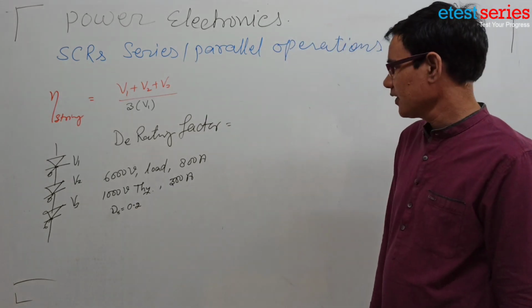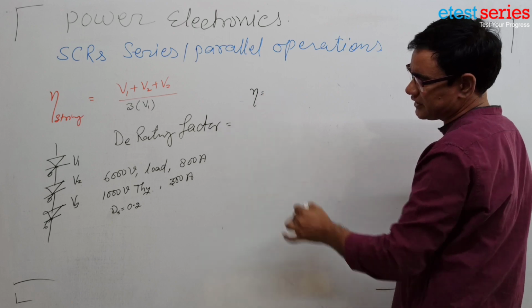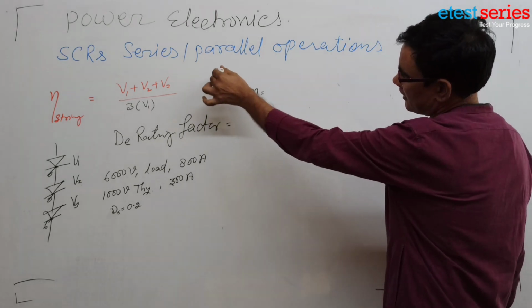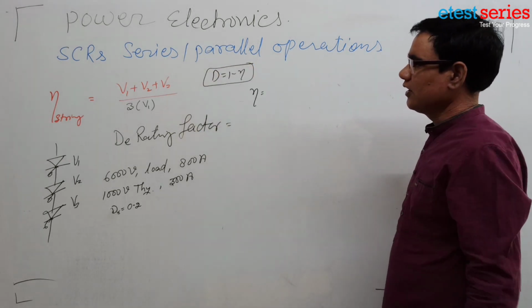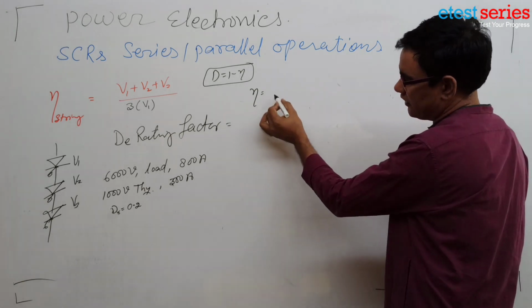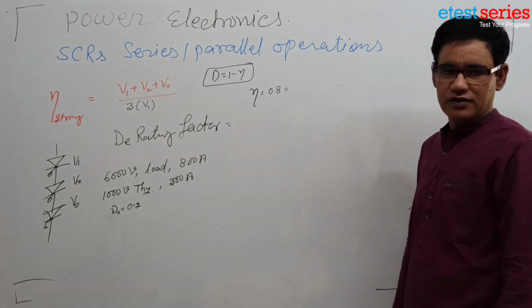So we know the efficiency. Efficiency is equal to 1 minus derating factor, and derating factor is equal to 1 minus efficiency. This is the formula. So string efficiency is 0.8.